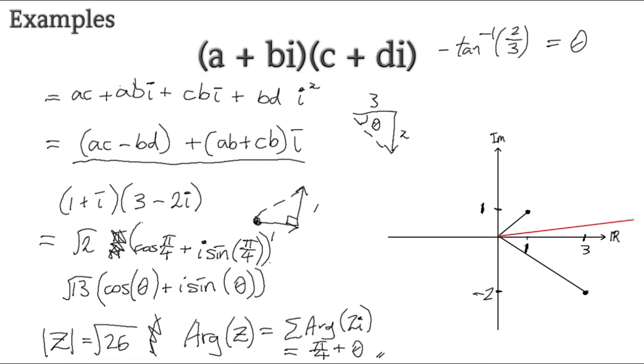Then we have to put in the modulus, which is root 26, and I'll be honest with you, I can't do this off the top of my head on this graph, so I'm just going to arbitrarily say that this has length root 26.